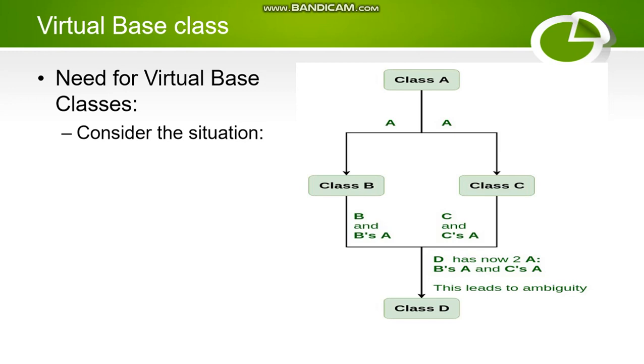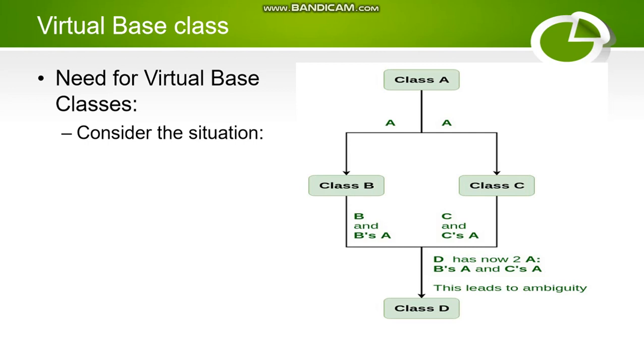So whenever class A is inherited by both classes B and C, that is, B and C are the child classes of A, we just have to make class B and class C inherit it as virtual. Whenever the virtual keyword is used, only one copy of the data or function members will be copied to classes C and B, and class A will become a virtual base class.